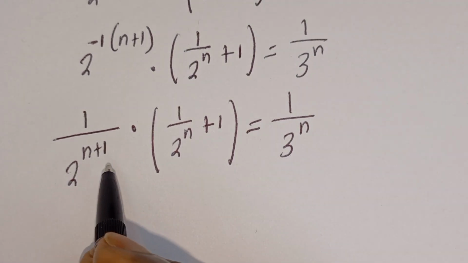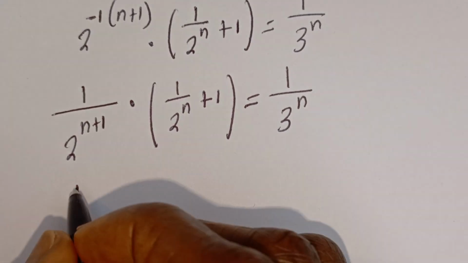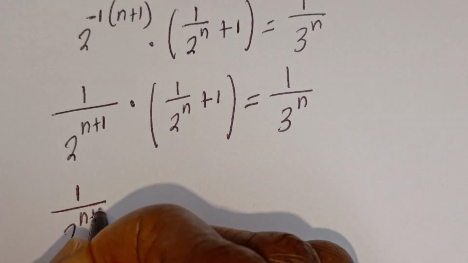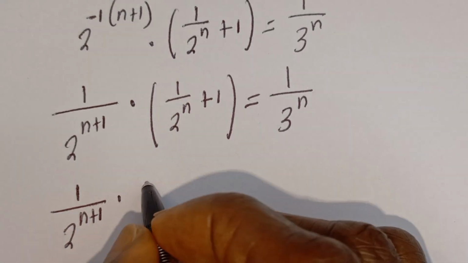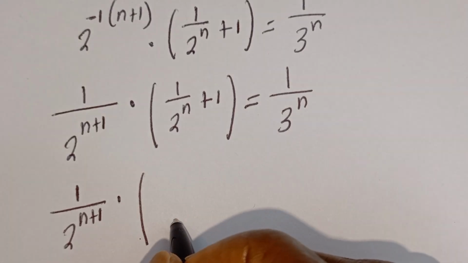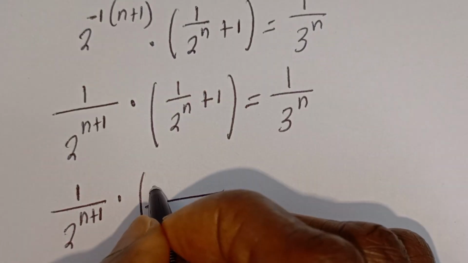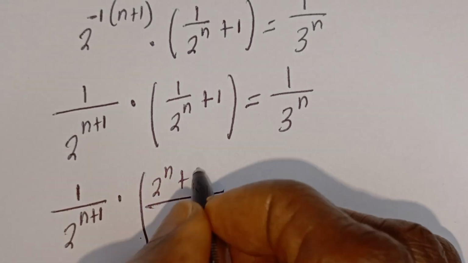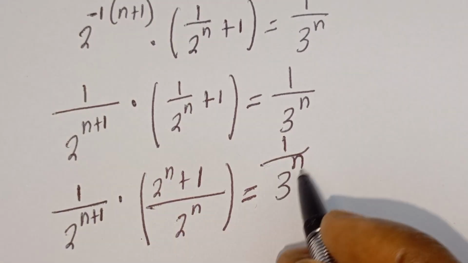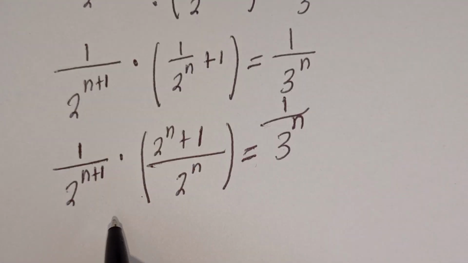Now from here we have 1 divided by 2 to the power of n plus 1 multiplied by, if you take the LCM, we have 2 to the power of n, and the numerator becomes 2 to the power of n plus 1, is equal to 1 divided by 3 to the power of n.